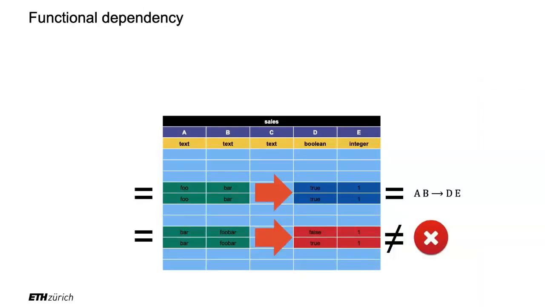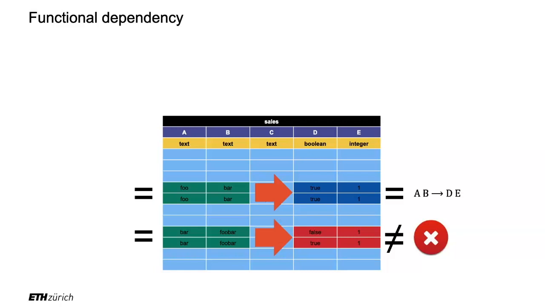And in order to define the notion of normal forms, there is a lot of math and concepts to learn. One of these is the concept of a functional dependency. That basically means that if you know the value of some attributes, then you know the value of some others. For example, if you look at the upper part of this, then A and B would give you D and E. But this is actually broken below, because here you have bar and foo bar in both cases, but the value of D and E is not the same.